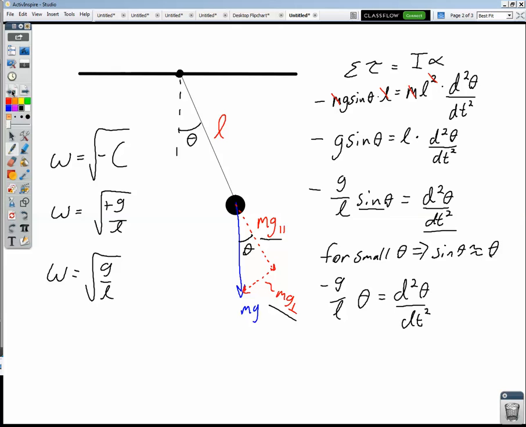So if omega for the pendulum is square root of g over L, and again, I want to be very clear that omega is not the angular velocity, because the angular velocity of the pendulum is changing over time. It's going fastest at the bottom, and it's 0 at the top. This omega, the angular frequency, is constant. So be very careful, not the angular velocity in this case. We use the same symbol, but they are not equivalent, not by a long shot.